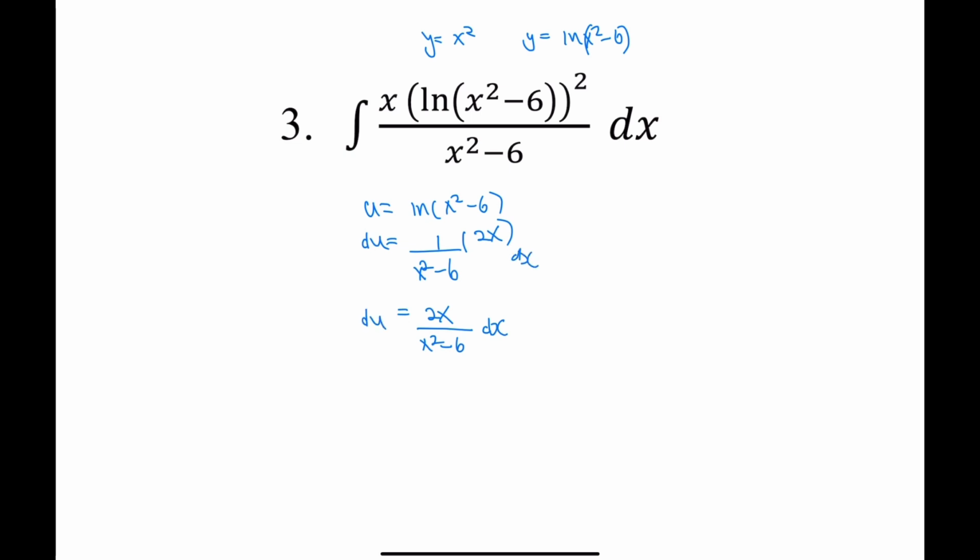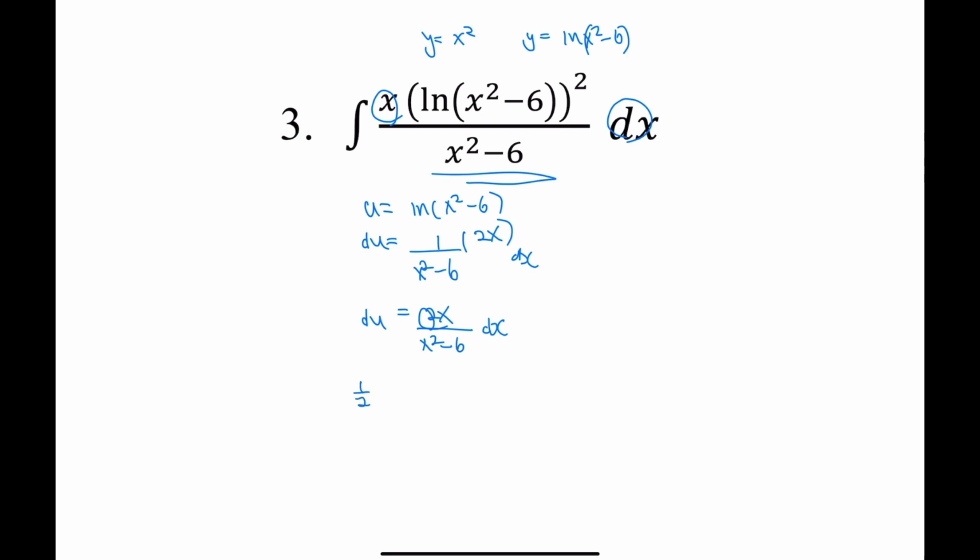Okay, so for that, we have something similar right here, right? x times dx all over x squared minus 6. But then we just have a coefficient right here, so we'll divide each side by 2.